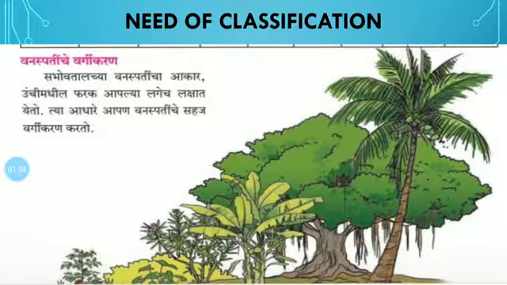So today we have to take the next topic. The name of the topic is need of classification of plants. So in the picture we can observe different types of plants at that specific place.